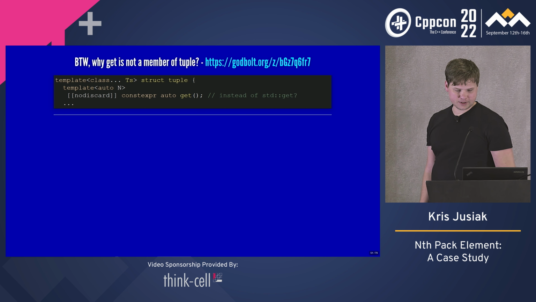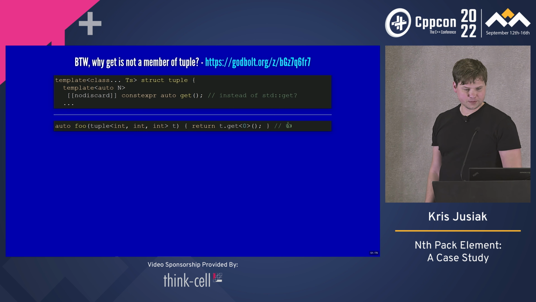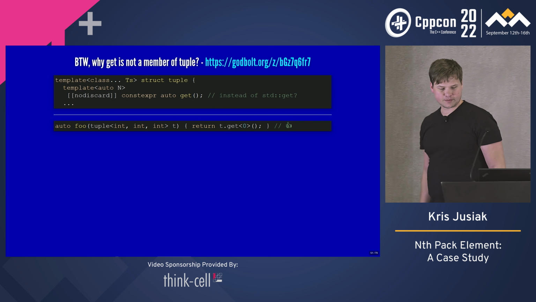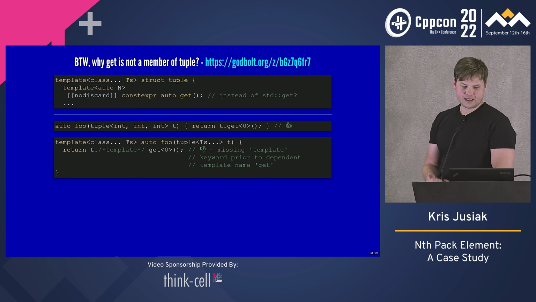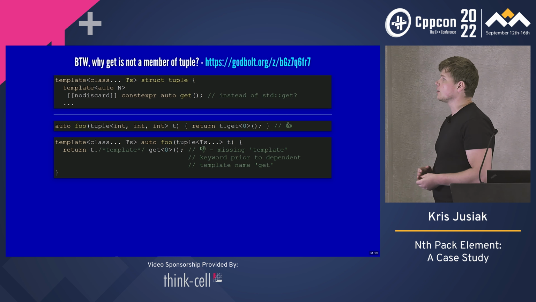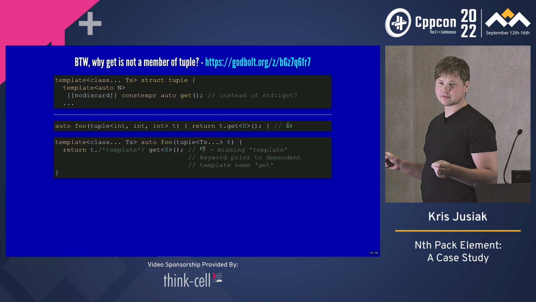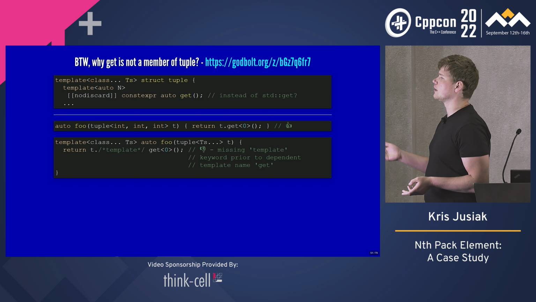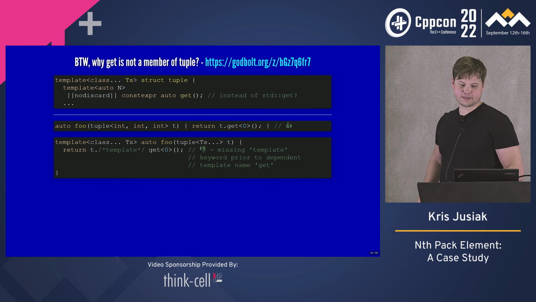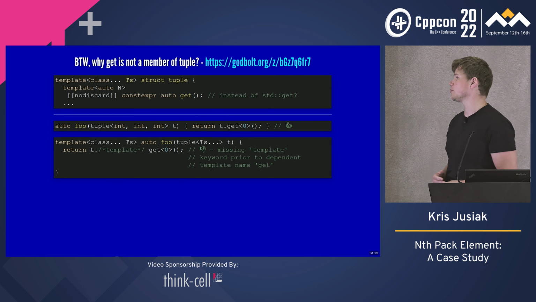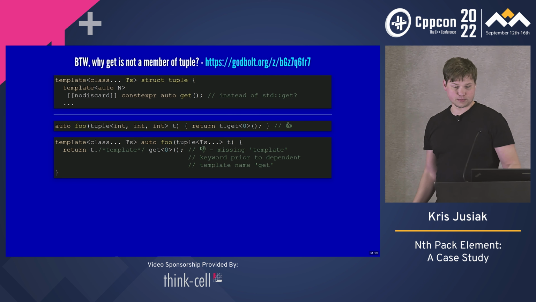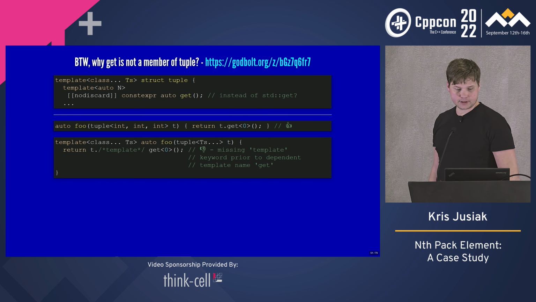Okay, I'll show the secret. So that would work: t.get<0>(). But if you have a dependent template context, you'd have to write this .template in order to call a function which is templated. And that wasn't desired because, I don't know, if anyone would actually write that and know about it, that's hard to learn.